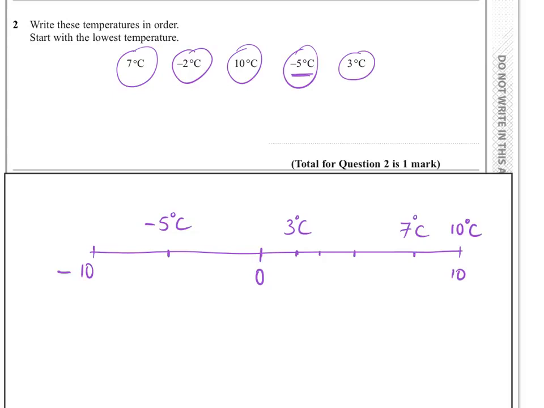Well, if here is 0, then if we go back 1, that'll be -1, -2 will be around here. So start with the lowest temperature and we put them in order. So there we go, -5, -2, 3, 7 and 10. So that's one way that a simple number line can help you. You may not need it, you may be able to do it without.